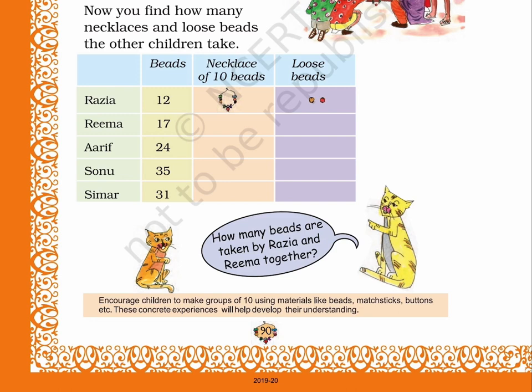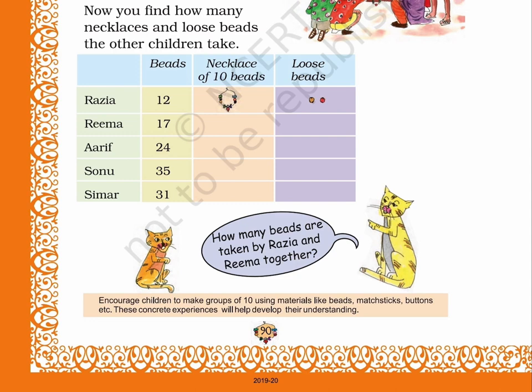First row, column 1, Razia. Column 2, beads, 12. Column 3, necklace of 10 beads, 1. Column 4, loose beads, 2. Razia wants 12 beads, so she got 1 necklace of 10 beads and 2 loose beads.